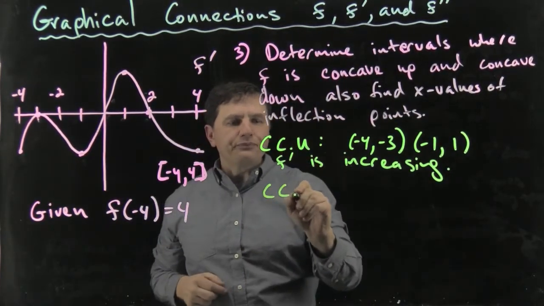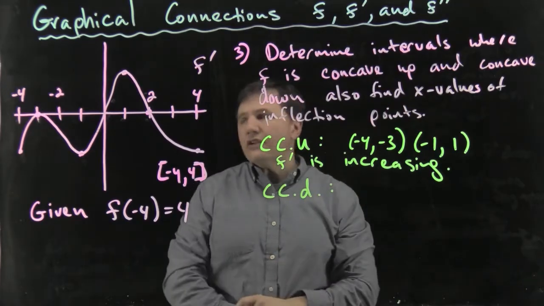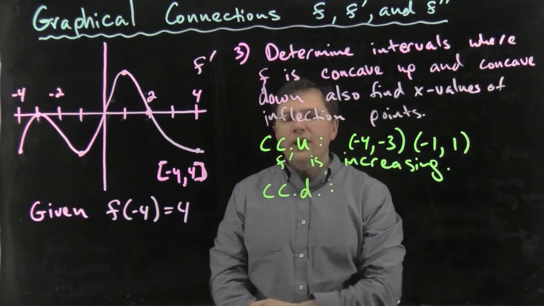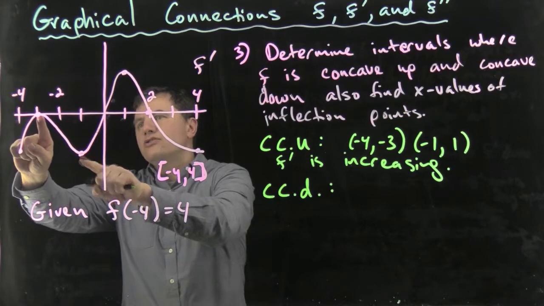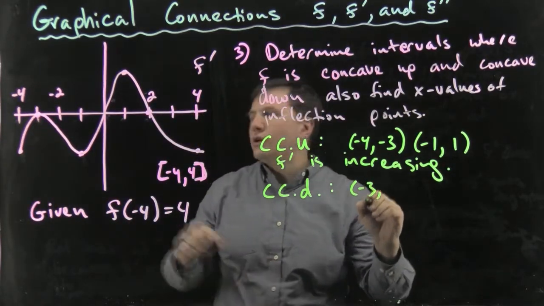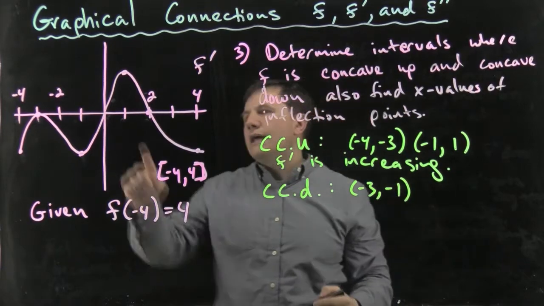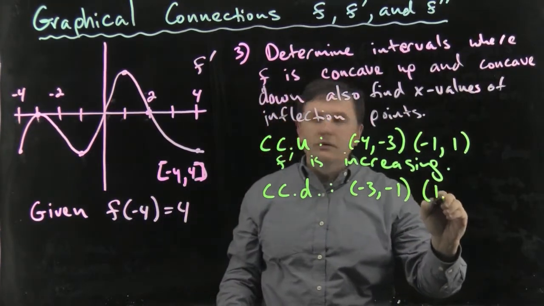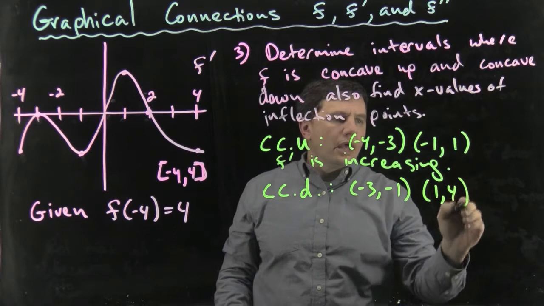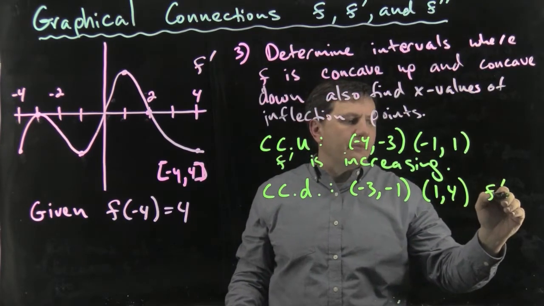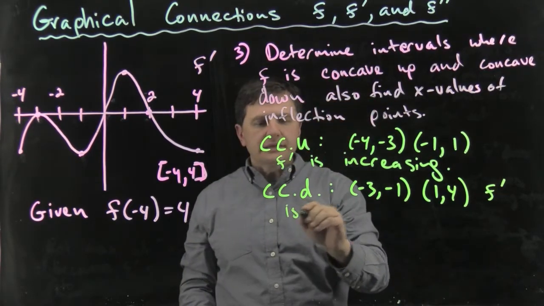Concave down. Okay, so we're concave down when f prime is decreasing. So from -3 to -1, and then from 1 to 4, and we would say when f prime is decreasing.